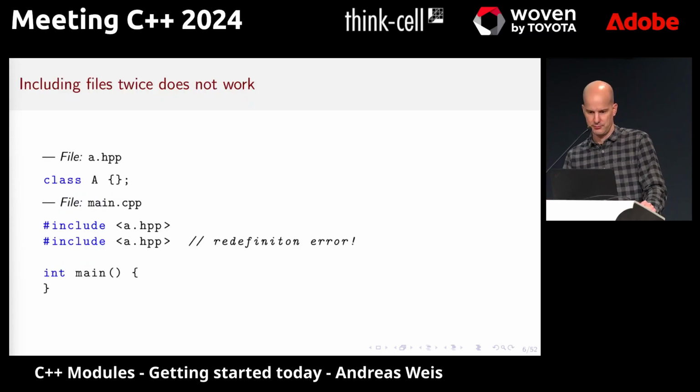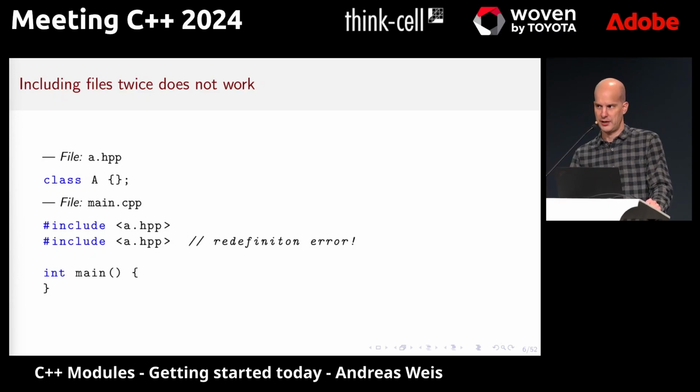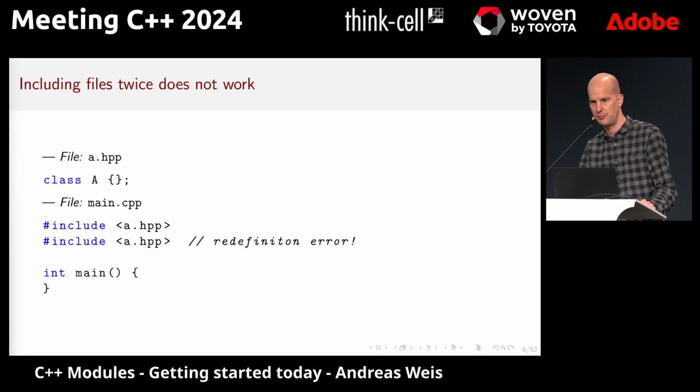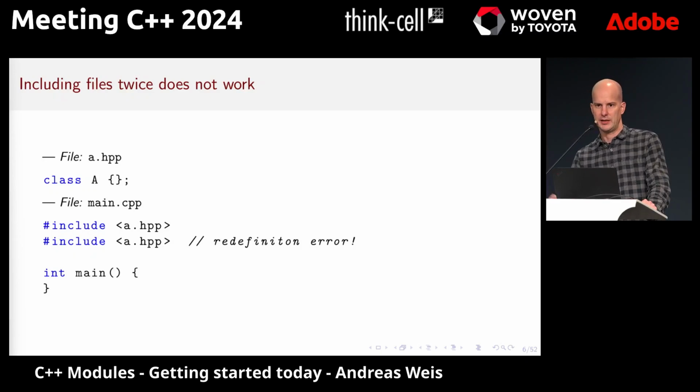Another common problem is that depending on what your header file provides, you may not be able to include the same header twice. That is why we need include guards in C++. In this example, it's pretty obvious that we include it twice, but in real-world code bases where you have includes being pulled in transitively, it can very easily happen that you end up including the same header twice without noticing it.